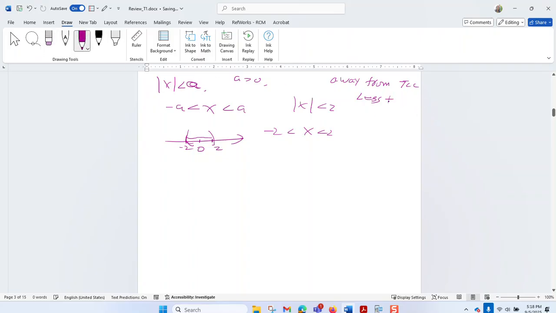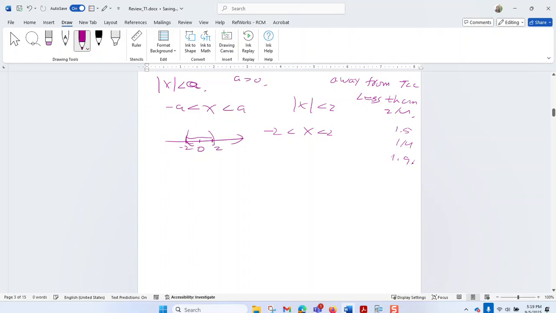Okay, so like I said, you live away from TCC less than 2 miles. All right, so what does less than 2 miles mean? That means you can live 1.5 miles away. You can live 1 mile away, right? Or 1.99 miles away. That's all less than 2 miles.